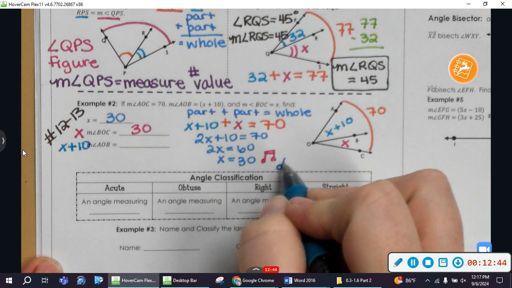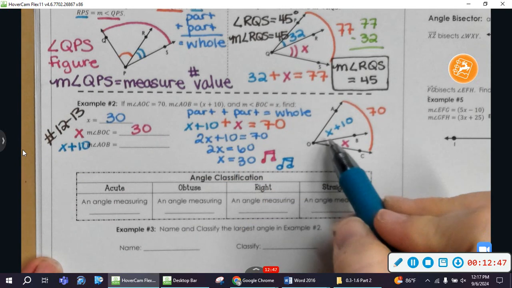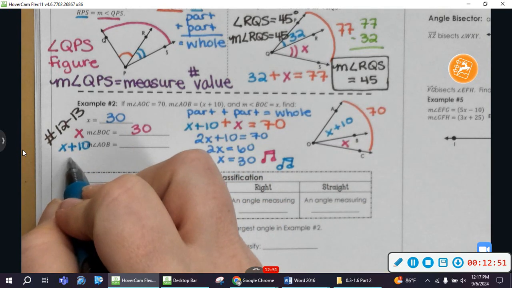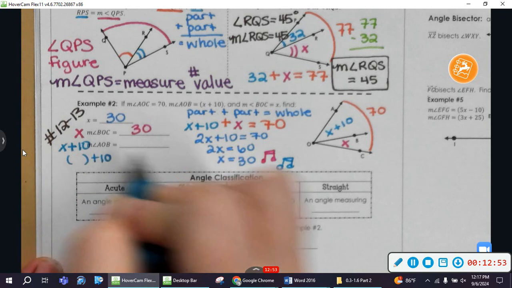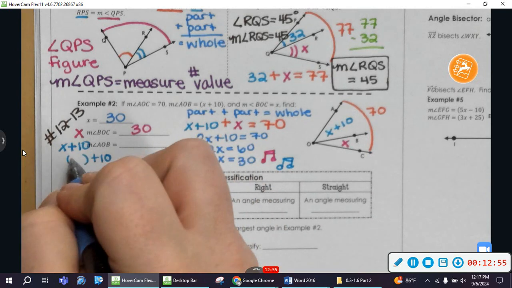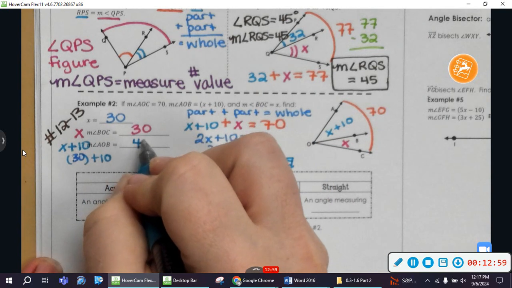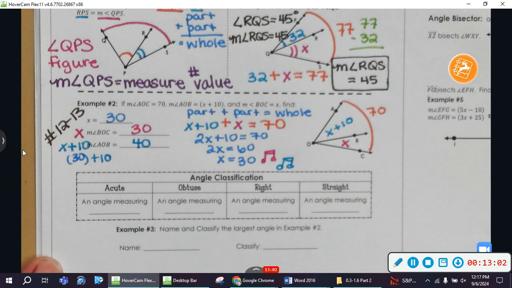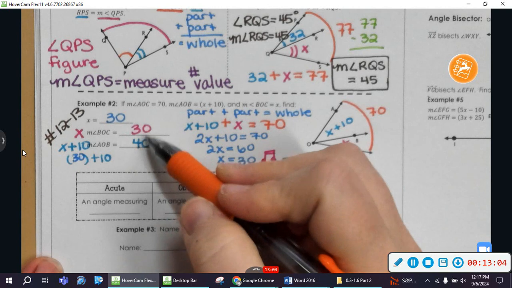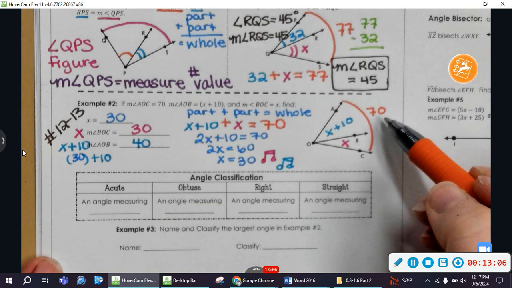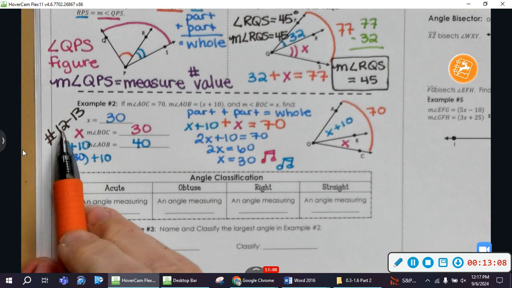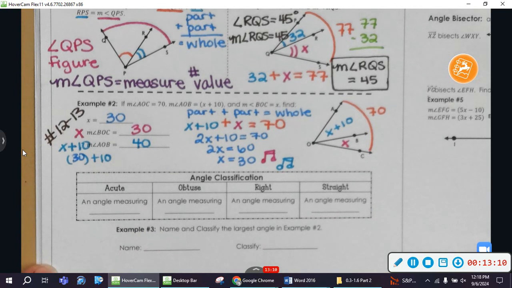So when I plug it in, I have 30 plus 10. So again, 30 plus 10. So that angle is 40. And it should make sense that 30 plus 40 would have a total of 70. So again, those are going to help you with 12 and 13.